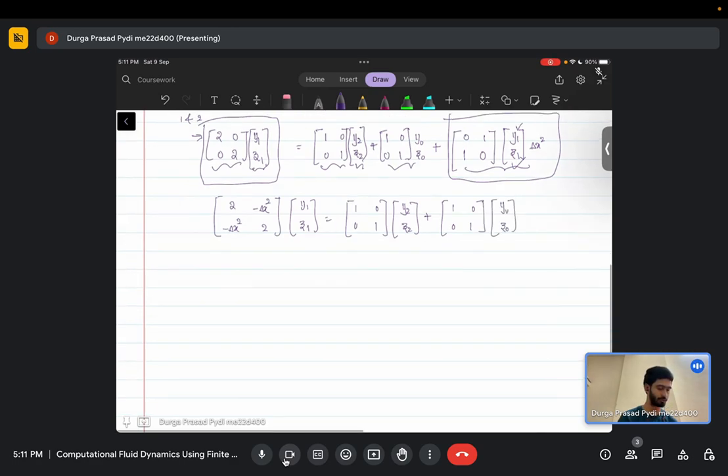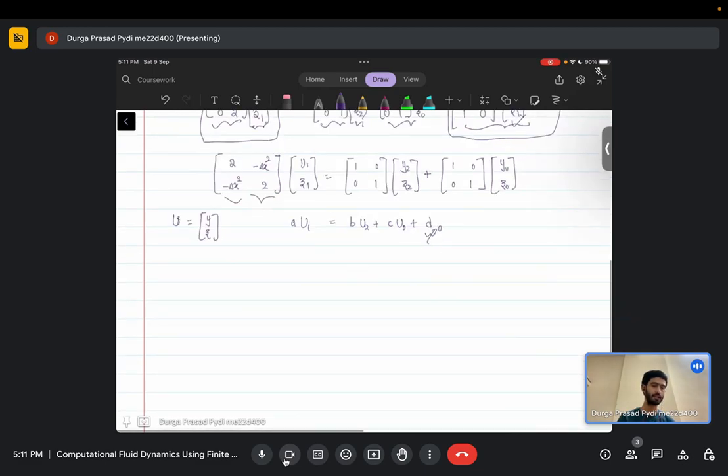If I now define a new vector u as y and z, this is something like A times u1 equals B times u2 plus C times u0 plus some D, which in this particular case is equal to 0. So now we have our standard form of TDMA, and we can solve using the normal algorithm.